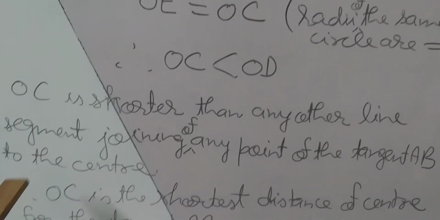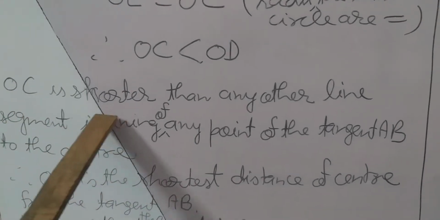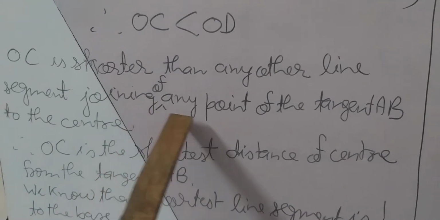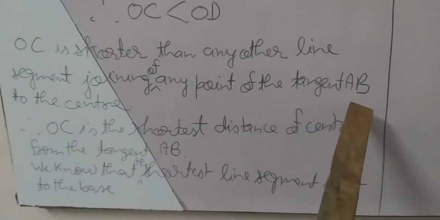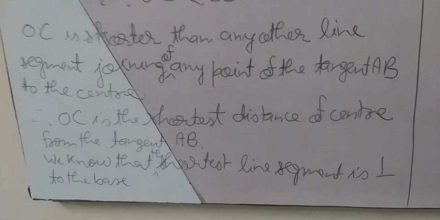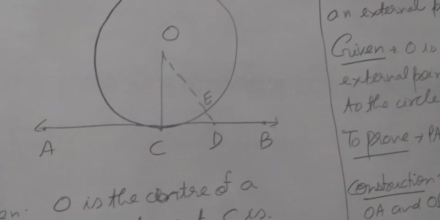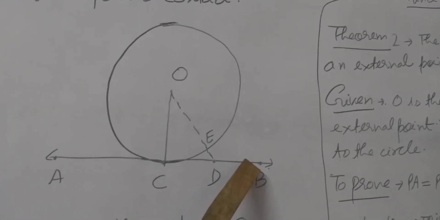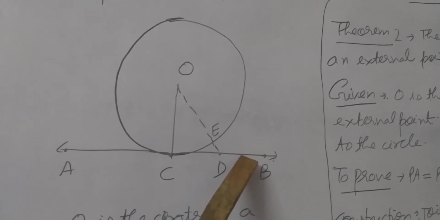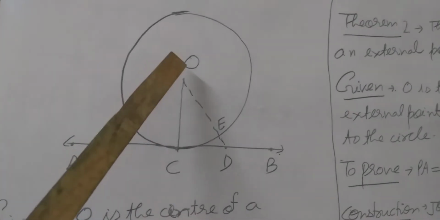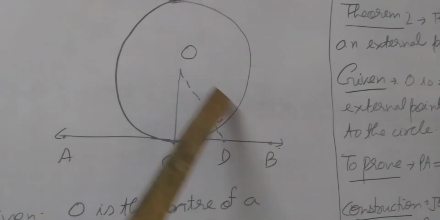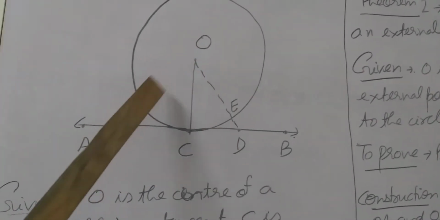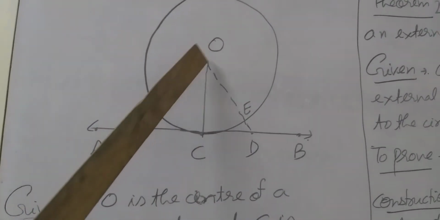So we can write here OC is shorter than any other line segment joining any point of the tangent AB to the center. Suppose I take one more point here, F or G. Then the line segments OF and OG are also bigger than OC.